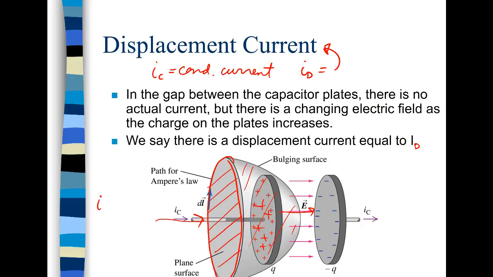So we need to have basically I is equal to IC plus ID. And it turns out that on the left here, the displacement current is 0, and on the right here, the displacement current will be equal to something that causes us to have non-zero total current. So how do we think about this?